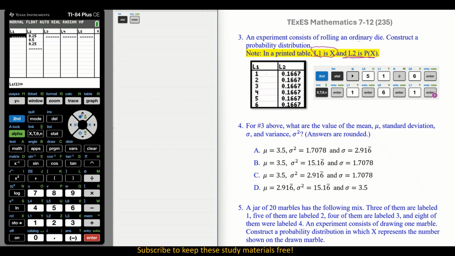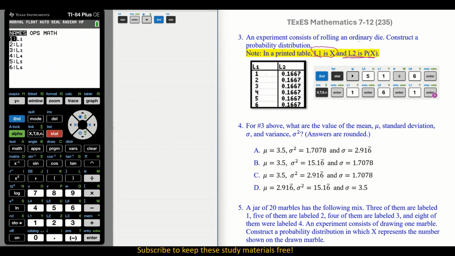Let's do it differently. You need to highlight your L1, push second stat, arrow over. That gives us ops. You notice that that's in your illustration next to your list that you're going to get. Okay, so now we need to go down to number 5.